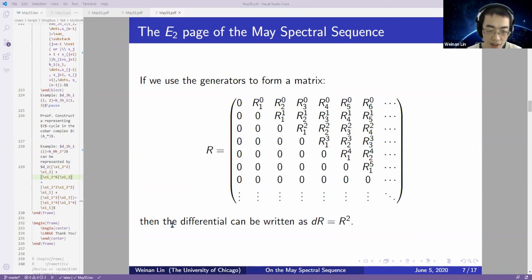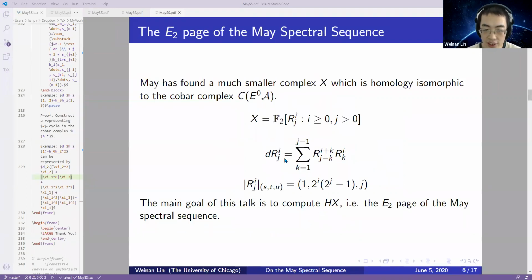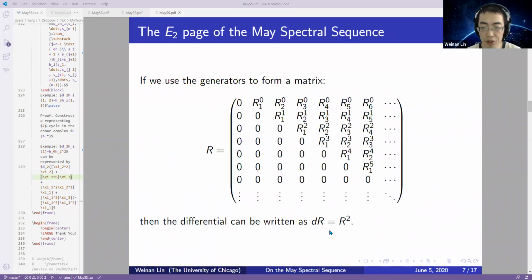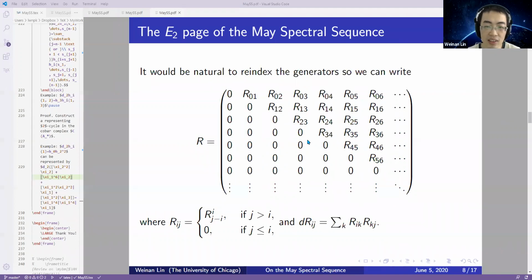Now the differential can be written as dR equals R squared. That's the matrix multiplication. This is actually a matrix multiplication if you write the i, j this way. So it would be natural to re-index this.